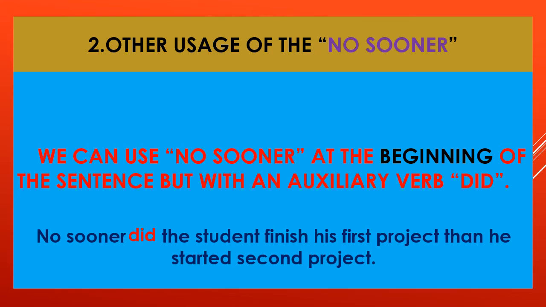Earlier example, when there is a had, the tense should be in past perfect tense, but here in simple past. Did finish. Earlier had finished. So you observe this change. No sooner did the student finish his first project than he started second project. Okay, children, have you got clear?